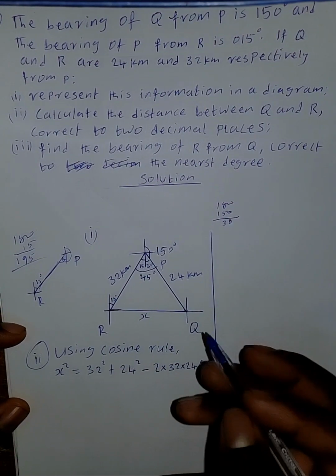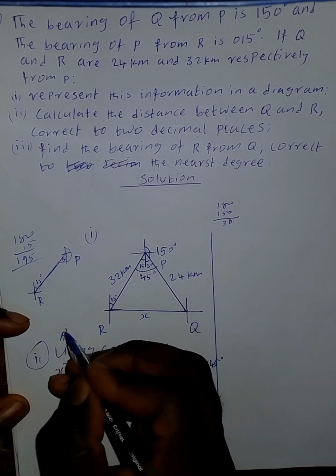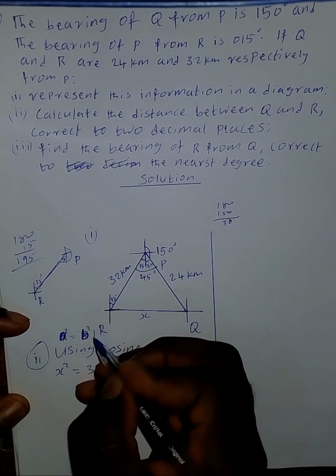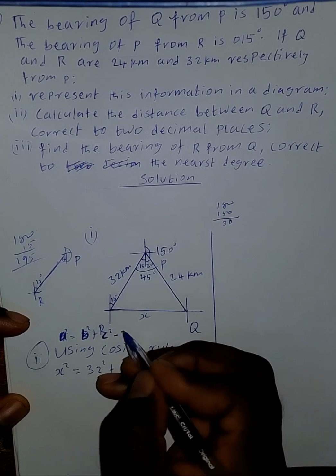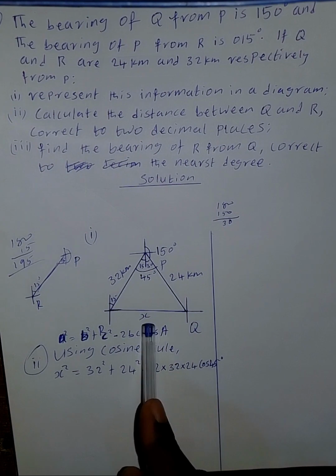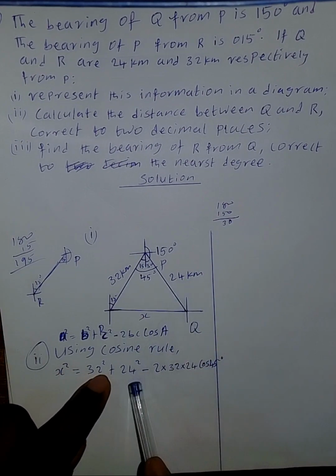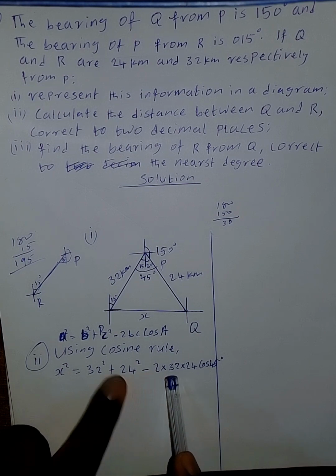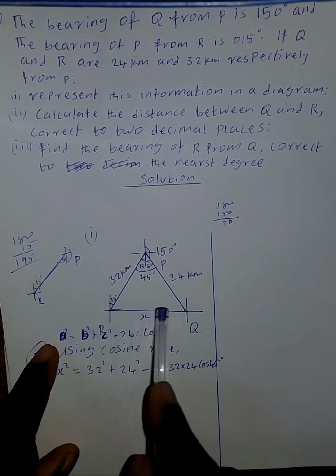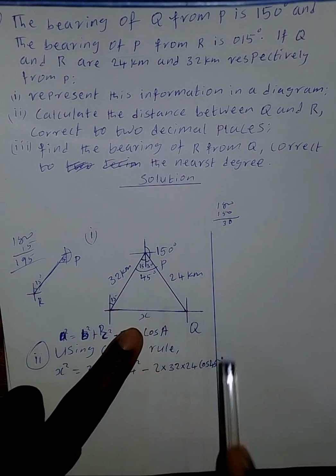Using letters, it says a square is equals to b square plus c square minus 2bc cos A. So taking this to be my a, I'm having it as a square equals to, taking this to be b square plus c square minus 2 in the formula times b, which is 32, times c, which is 24, cos A, cos angle opposite to the side you are looking for, and the angle opposite to my x is 45 degrees.